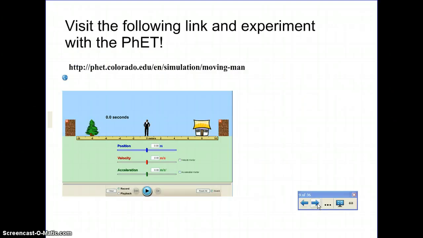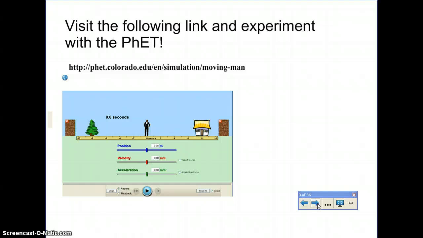I highly recommend that you visit the following link, all right? This is one of those PhETs that you can find right in your e-text. If you go to www.masteringphysics.com and you click on the little picture that says e-text, and then in the e-text you find the little box that says PhET, you can mouse right over it, it'll tell you which PhET it is. You want the one called the Moving Man.